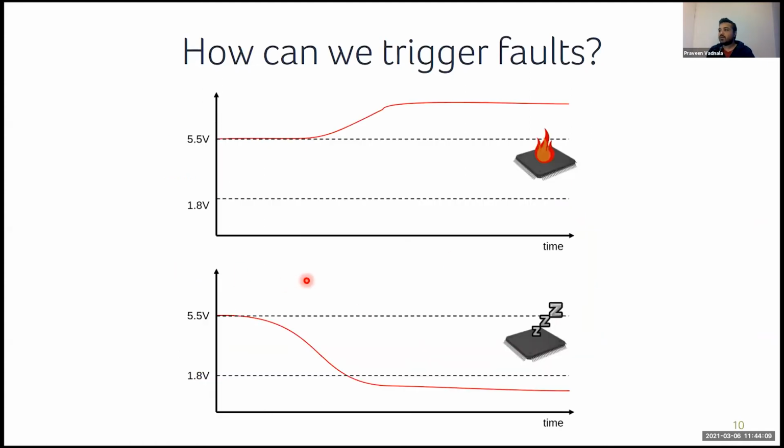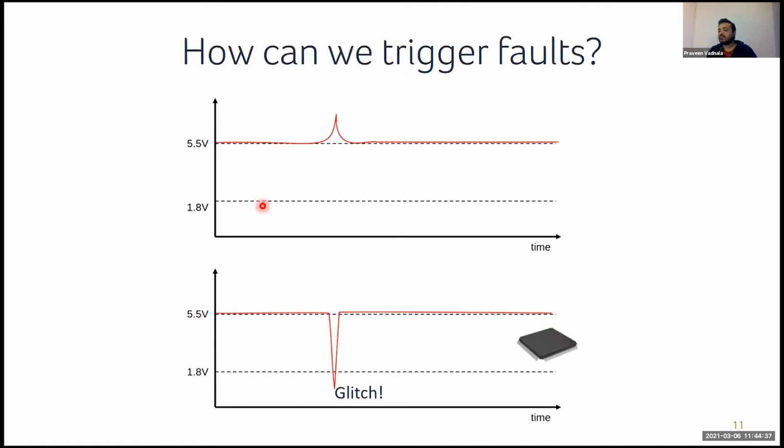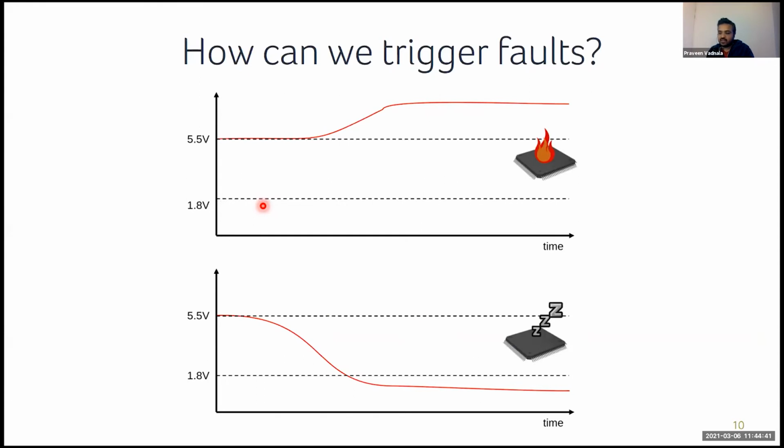Let's say the operating range is 1.8 to 5.5 volts. If you go beyond 5.5 for a long time, that could kill the chip, as it overpowers it. If we go below 1.8 for a long time, the chip might not even boot, so nothing happens. Both those scenarios are not something we are interested in.